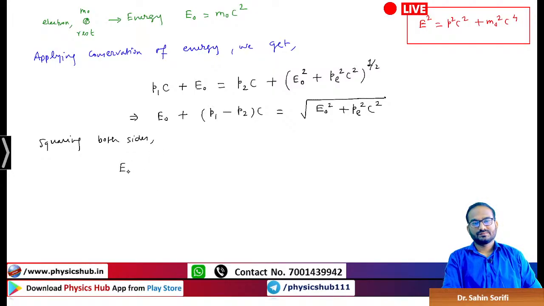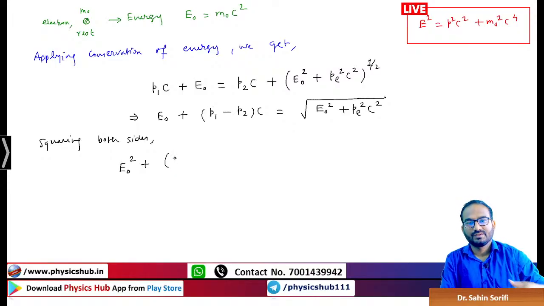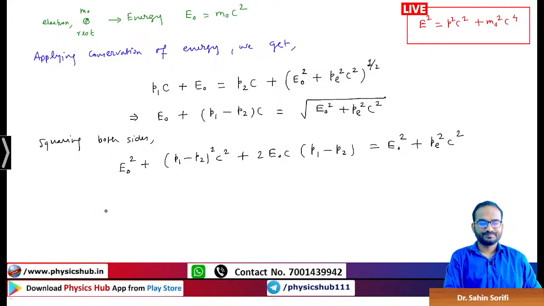Both sides we get E naught square plus (P1 minus P2) whole square c square plus 2 E naught c times (P1 minus P2), equal to E naught square plus Pe square c square.